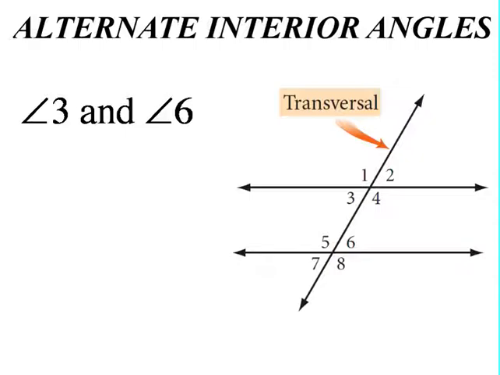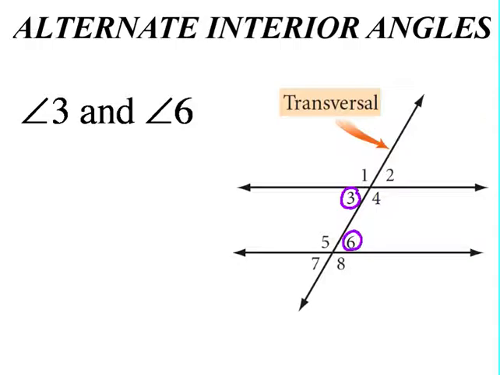All right, alternate interior angles on the other hand. An example of alternate interior angles are 3 and 6. So we've got to think of those words.